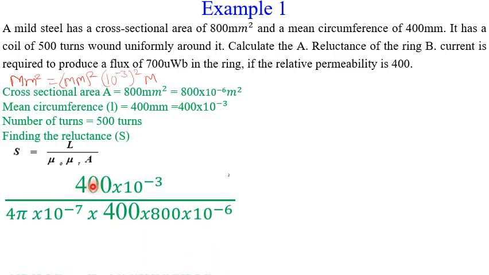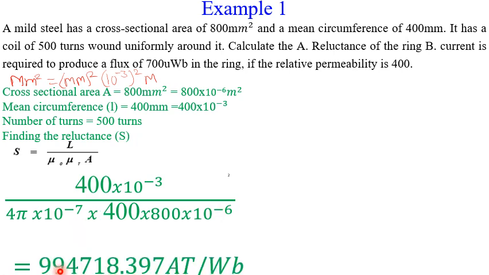The length is 400 times 10 to the minus 3, this is our constant mu naught, this is mu r, the relative permeability, then the area, which is 800 times 10 to the minus 6. After doing all this mathematics, you get your reluctance S as 99471.397 AT per Weber. So we've now calculated A, the reluctance of the ring.